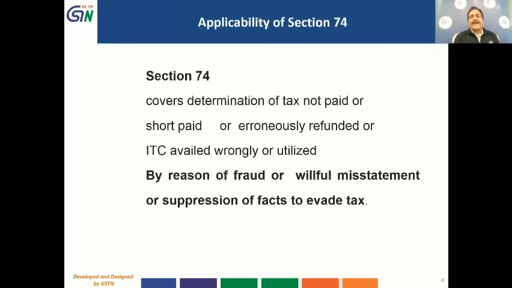But on the other hand, if the reasons for such non-payment, short payment, erroneous refund or ineligibility of ITC credit are fraud, willful misstatement or suppression of facts to evade tax, then the provisions of section 74 will be invoked in the notice issued by the tax department.